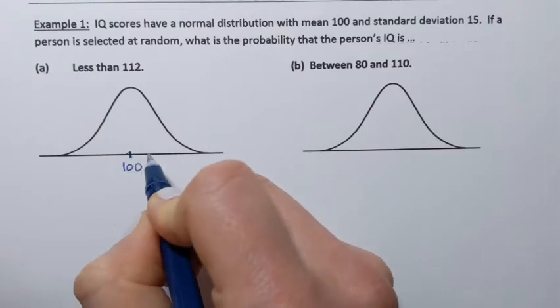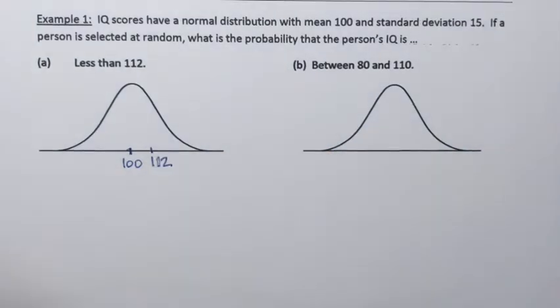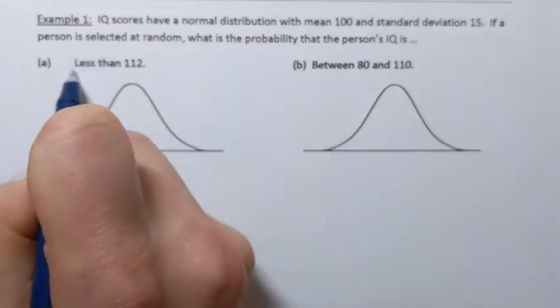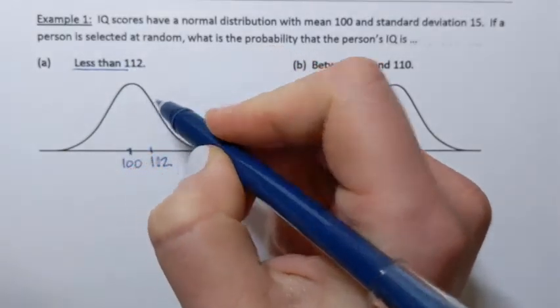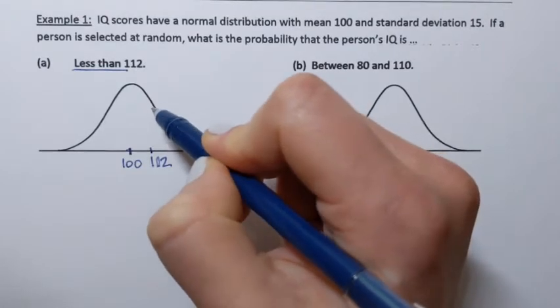So if 100 is here, 112 is somewhere to the right. It's really not to scale, but I know it's going to be to the right. Next, since we're interested in the probability that the person's IQ is less than 112, I will highlight the area under the normal curve to the left of 112.